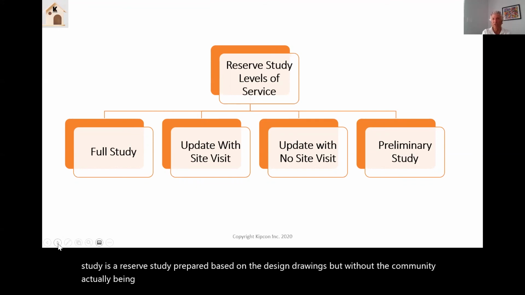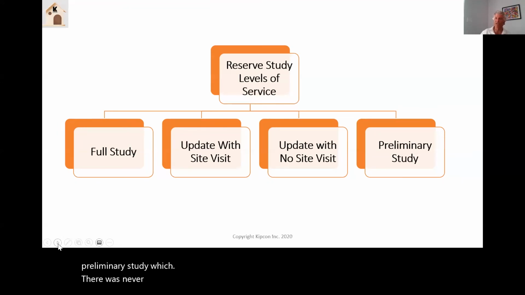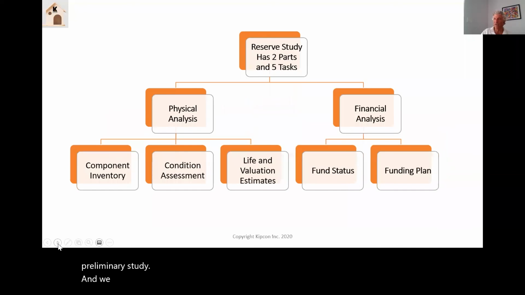There are a lot of people across the country that do these types of studies. We used to do a lot of them also, but that's another story. It's a preliminary study which never really had a name, so the new standards do include what's called a preliminary study. So those are the four different types of level of service.